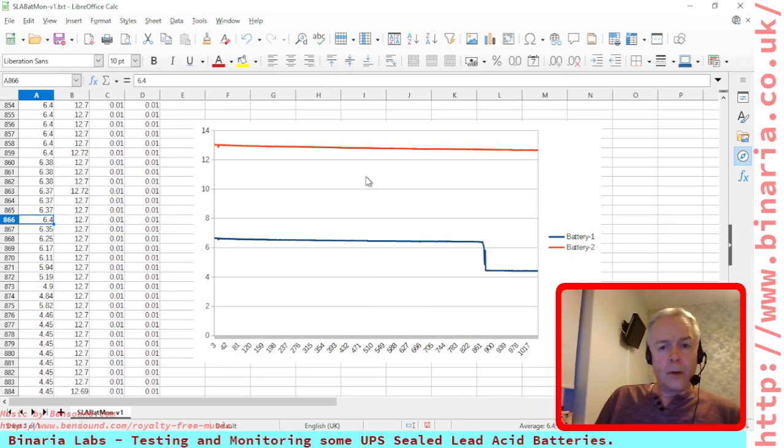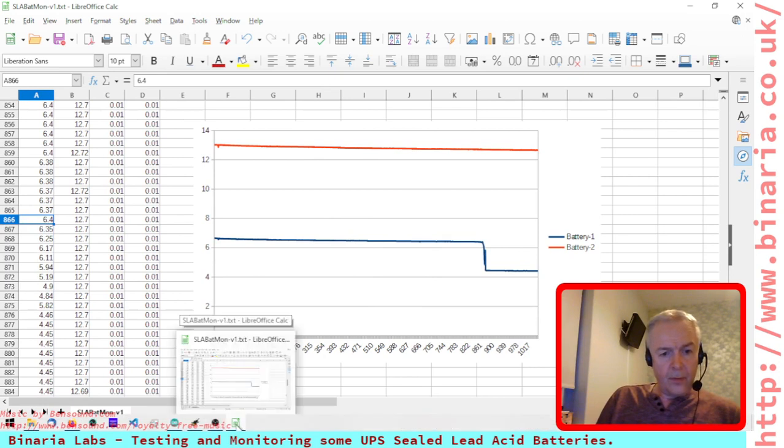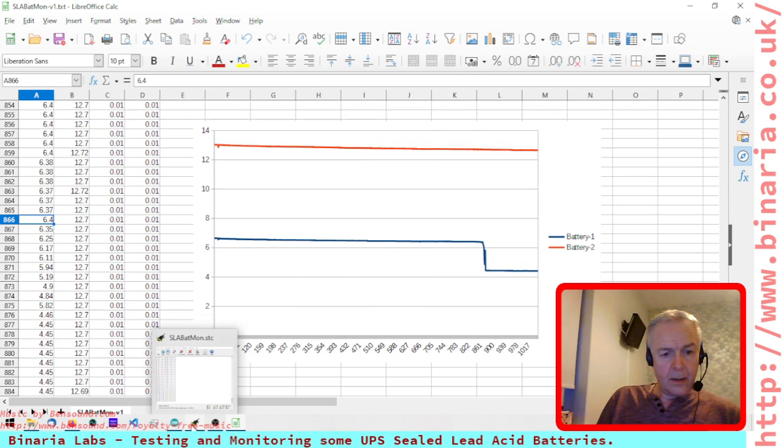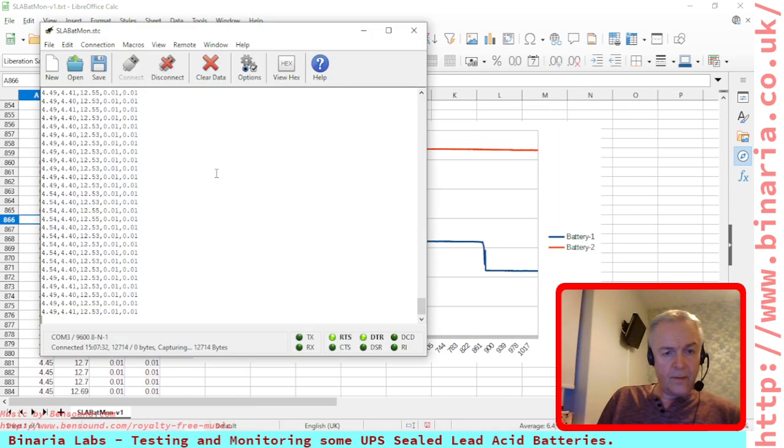Anyway, the next thing I wanted to show you was some more results. So let's have a look at the results coming in from CoolTerm at the minute. Now, this is the version 2 software running. The biggest difference with the version 2 software, besides calculating the calibration every time it reads the battery voltages, is that it also sends to the console what that calibration was read as.